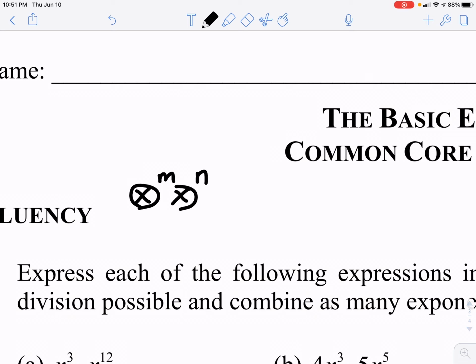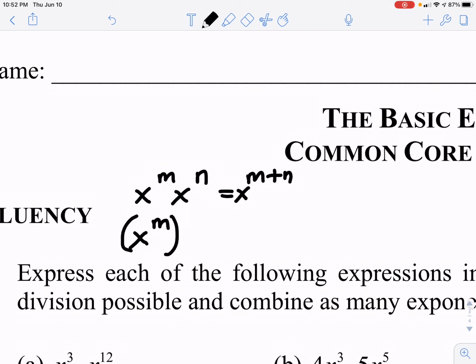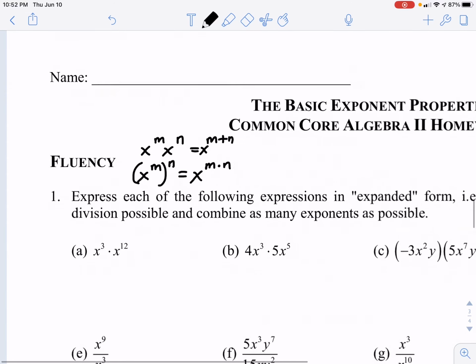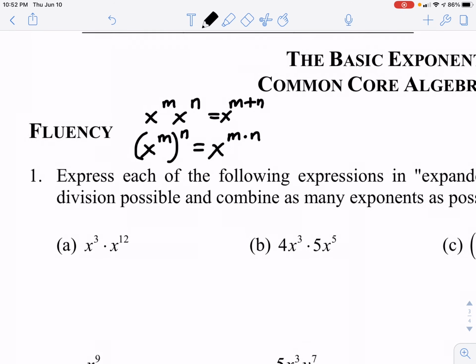When the bases are the same, we add the exponents. This is the addition rule for exponents. And when we have a base raised to a power, raised to another power, we multiply those exponents. So we're going to be looking at those two properties to begin with.